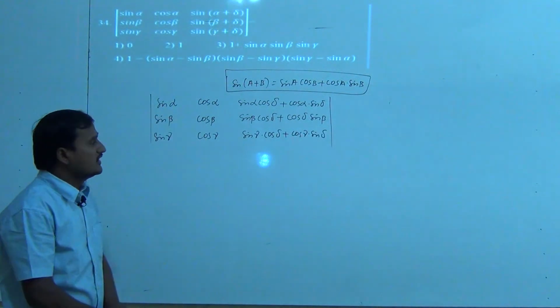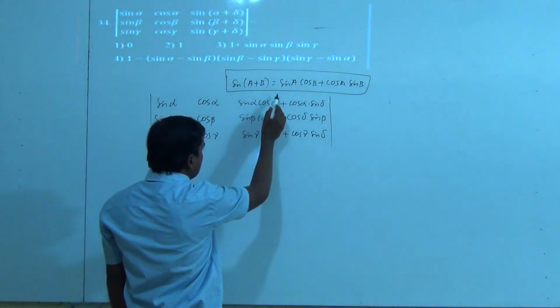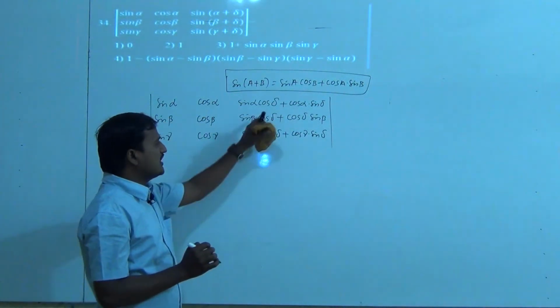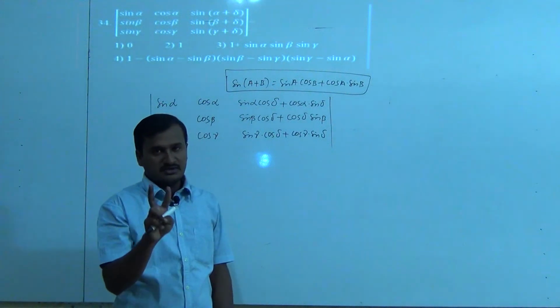Okay, next. Now here you should observe, in the third column each element can be expressed as the sum of two terms.